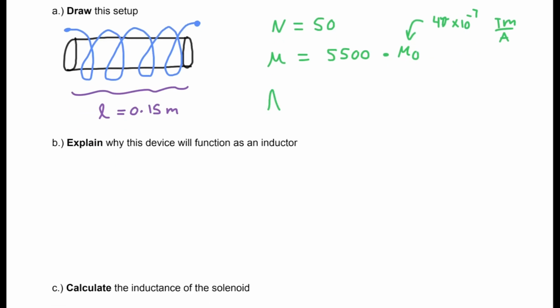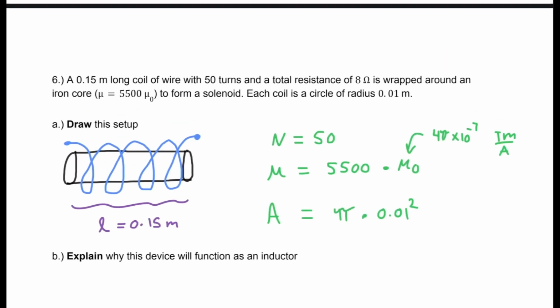And then the area of each of the coils that we'll need, it's a circle, so it's just pi r squared. So there's some values we'll need for calculating later.